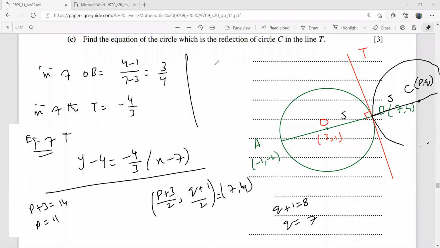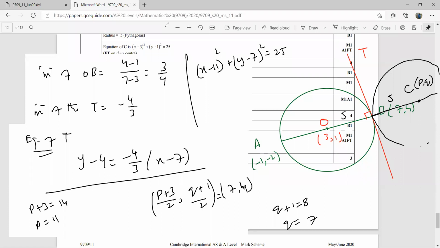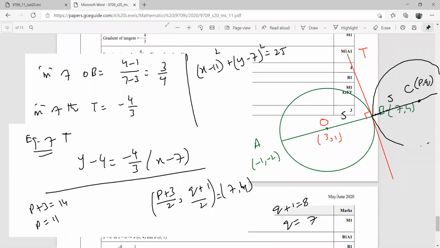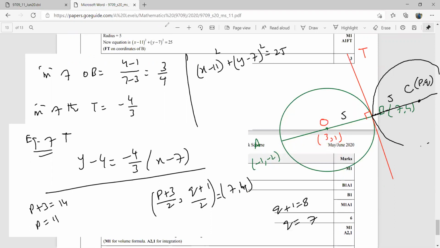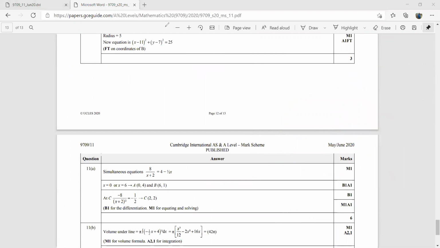Therefore, the equation of the other circle is going to be x minus 11 whole square plus y minus 7 whole square equal to 25. And let me check the answer. Here is the equation, minus 11, minus 7.